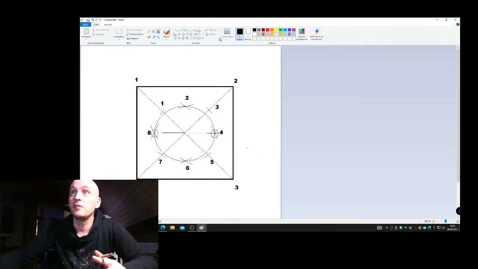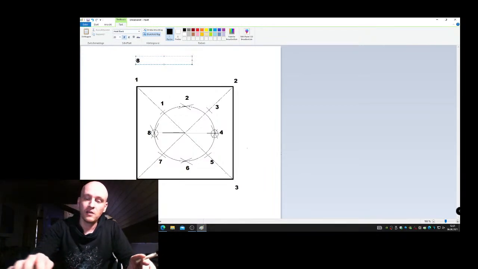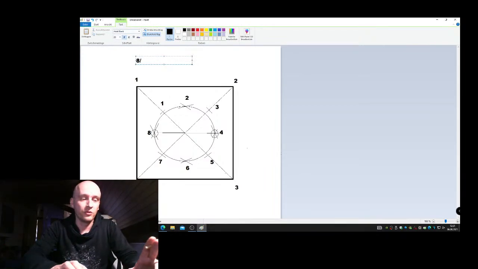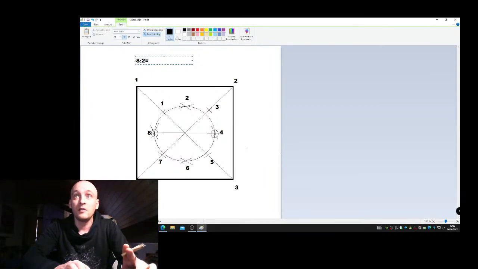This we can write. This is important. 8 divided by 2, no, the double point, divided by 2 is 4. So the half one.